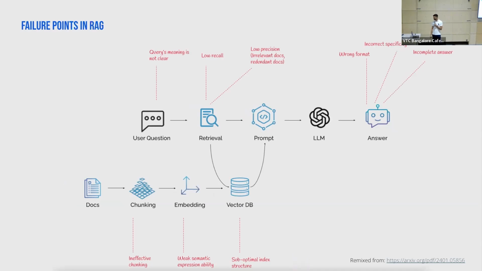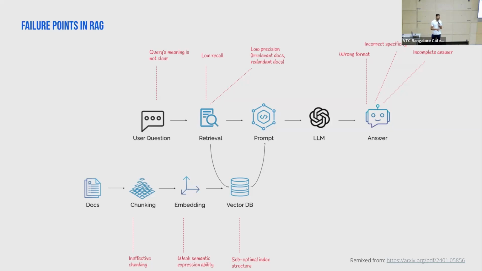Yeah, cool, awesome. So yeah, like I was saying, there's a bunch of failure points. So for example, the query that the user is asking may be ambiguous, it may be an unclear query, it may be a complex query. So you're not able to fetch the relevant context based on that query in its raw form, right? On the data ingestion side, your chunking may be ineffective or inefficient, right? Suboptimal.